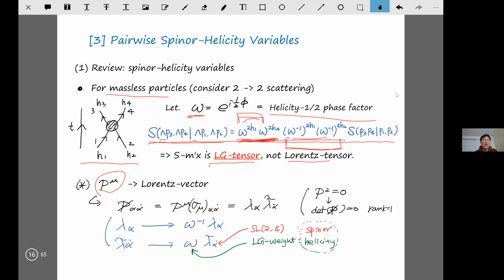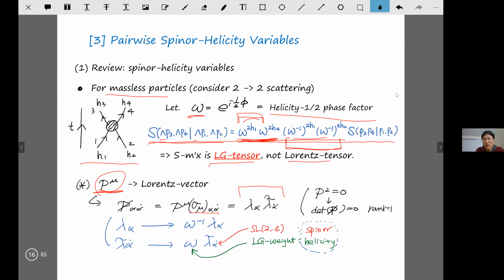Therefore, the language of spinor helicity variables was motivated by the fact that the S matrix is a manifest Lie group object, and so we want to look for variables to construct the S matrix that are manifestly Lie group vectors rather than Lorentz vectors. We can construct a Lie group vector out of the Lorentz vector by contracting with sigma alpha alpha dot, and that just turns into SL2C matrices.